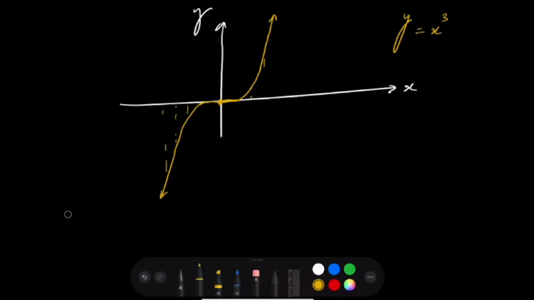Okay. Now let us try to see what the derivative of this function is. Now f of x is what? x cube, which is equal to y. So y equals f of x is equal to x cube. So what is our fundamental theorem of differential calculus?